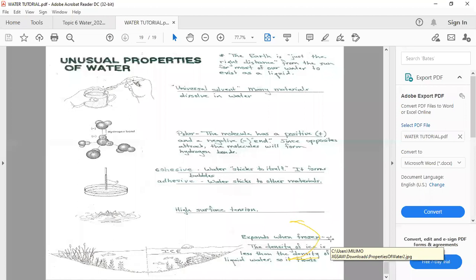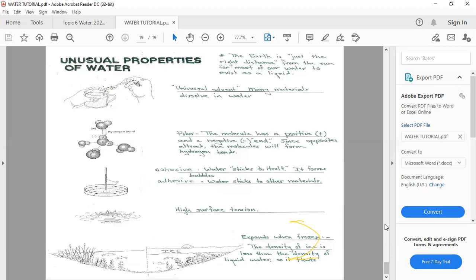So let's remember the properties of water: the importance of hydrogen bonds to the properties of water, the polarity of water, the importance of the high heat capacity of water, the importance of the heat of vaporization of water, such as the cooling effect, the biological significance of the high heat of vaporization.